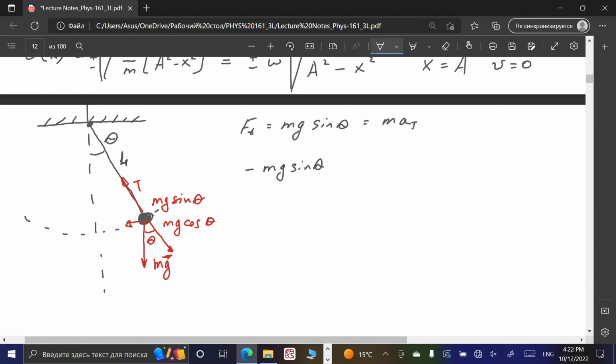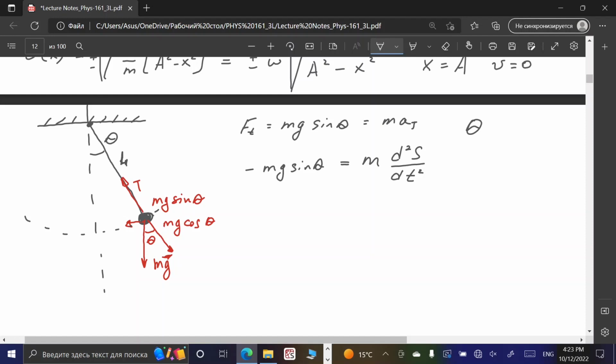No matter where this pendulum is located, this force will always try to put the pendulum into equilibrium condition when theta is equal to 0. Then we have it equal to mass times the second derivative of displacement, which we mark as s. When theta is quite small, the orientation of the displacement vector and this tangential force will be the same.